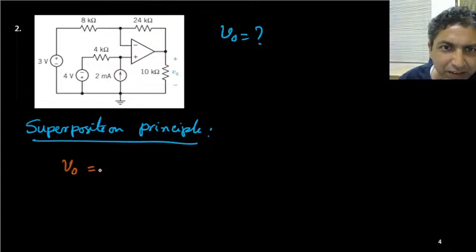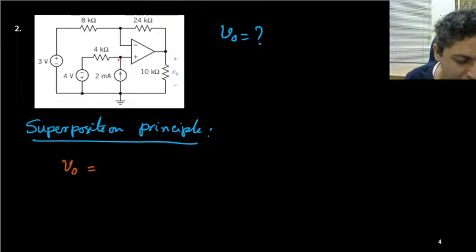So if you consider 3 volt at a time, first I will consider 3 volt source at a time. So this voltage source is not there, it is shorted. Okay, and this current source is open circuit. So there is no source, so this non-inverting terminal is zero potential. So it is simply an inverting amplifier.